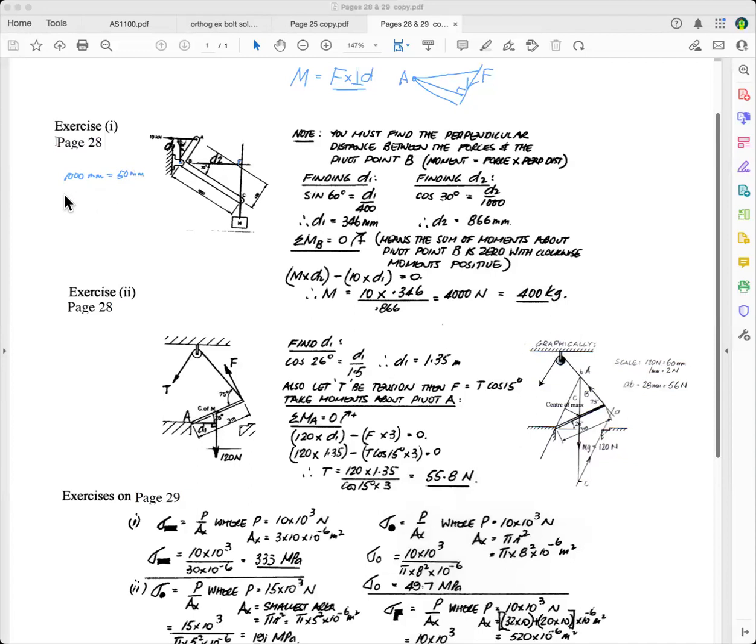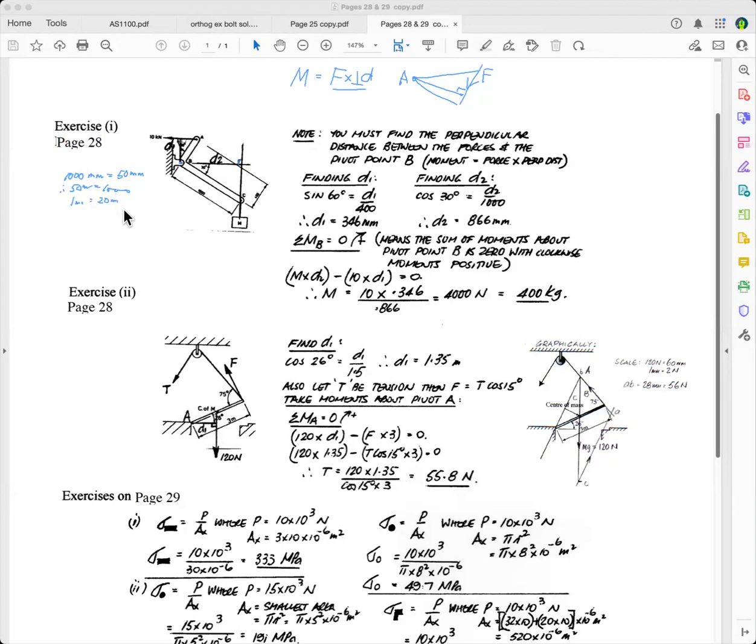And so 50 millimeters will equal 1,000. So therefore, 1 millimeter will equal 20 millimeters on the actual drawing.